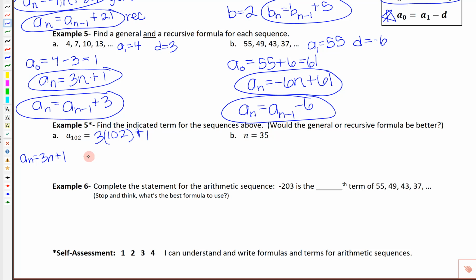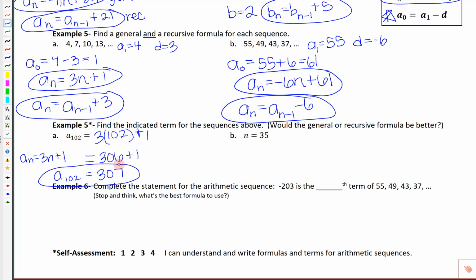Okay, and then we can just figure that out. 3 times 102 is 306 plus 1 is 307. So the 102nd term in this sequence is 307.